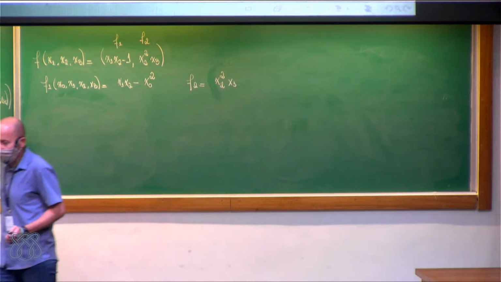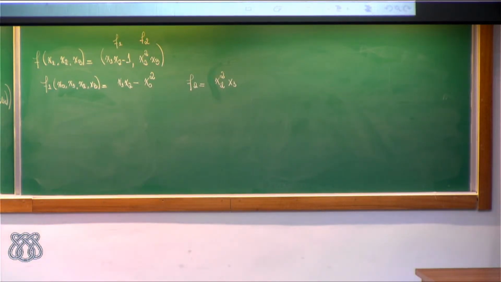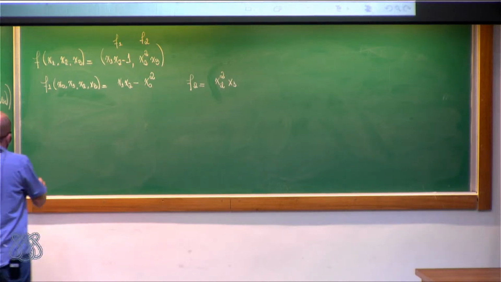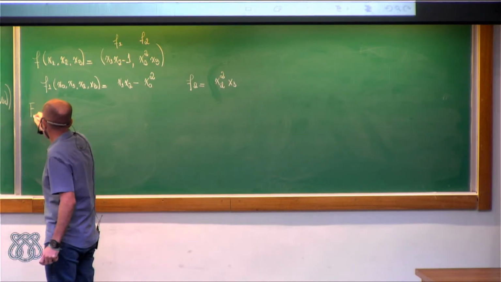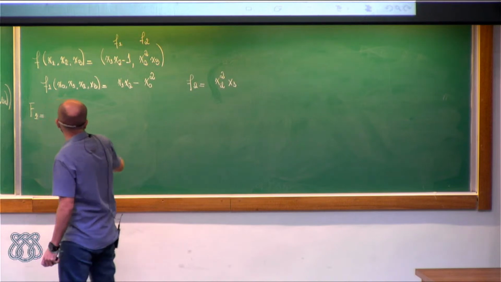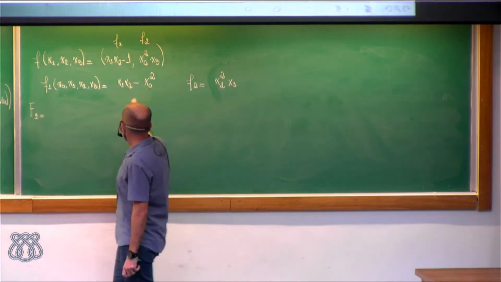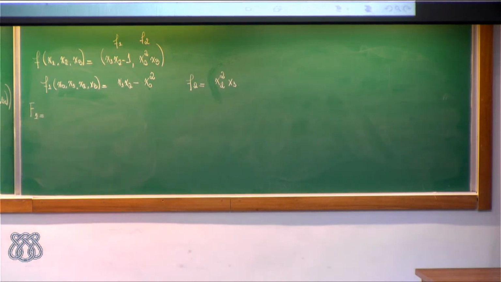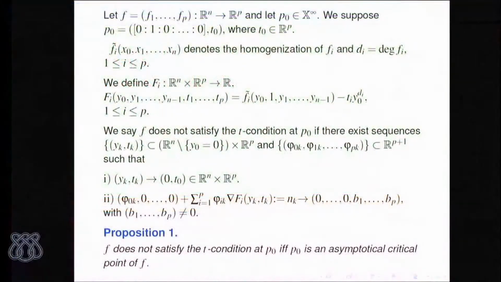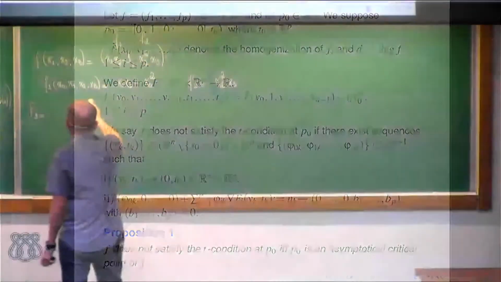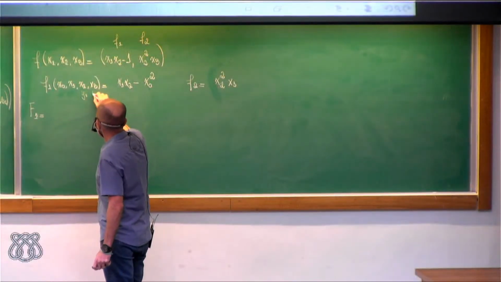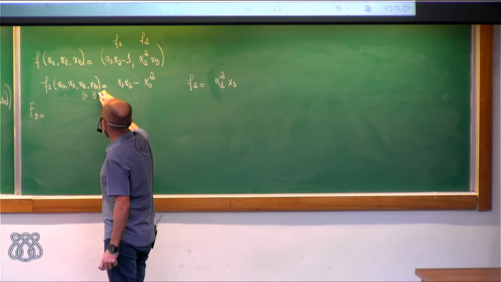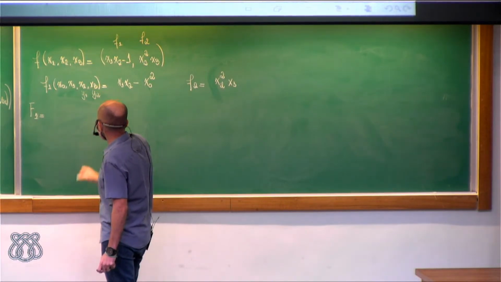Then you use this coordinate system here to define f_i. So f1 is exactly, you take the same, but in x1 you take 1 here, and x2 is y1, x3 is y2.